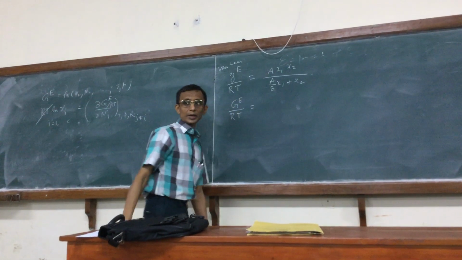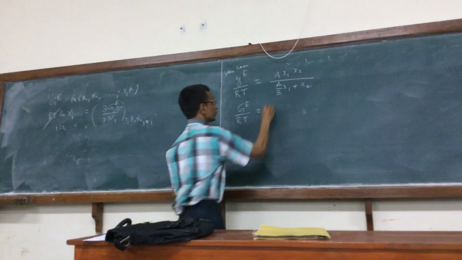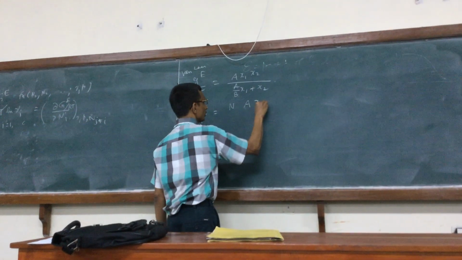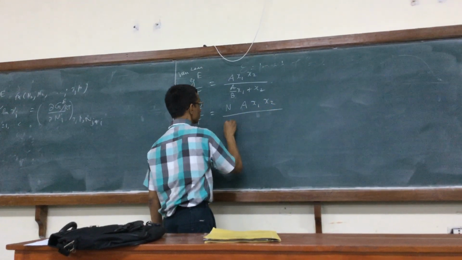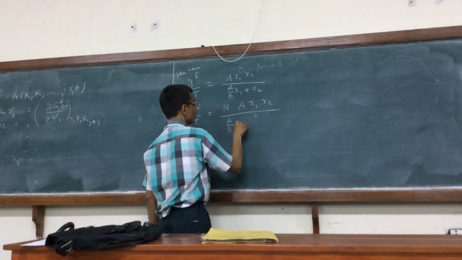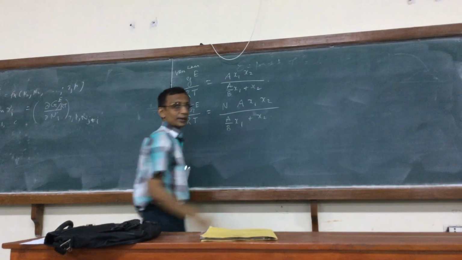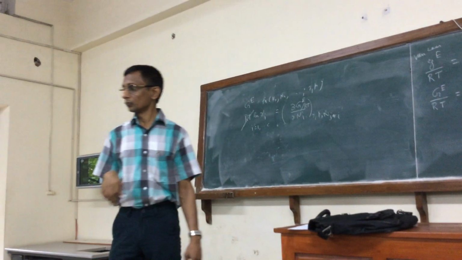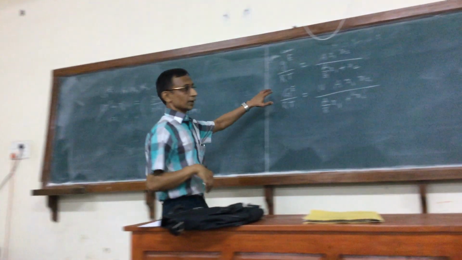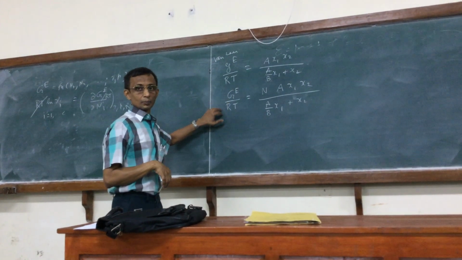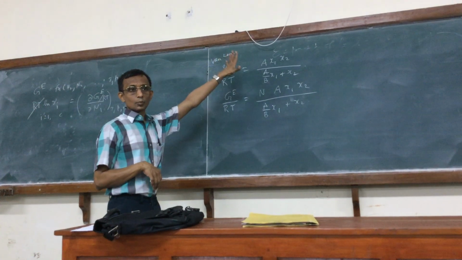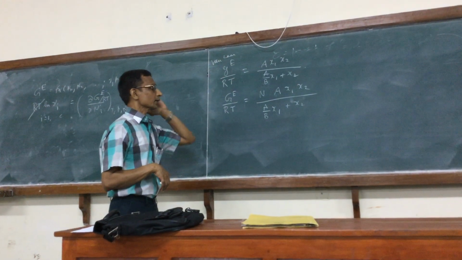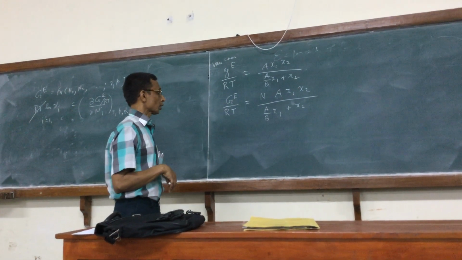That means I have to multiply it by N, where N is N1 plus N2. That is not going to be helpful. I have to convert it to N1 and N2, so I am going to differentiate the extensive property. Then I have to convert it to mole numbers. A and B here are, I guess, taken to be constants.